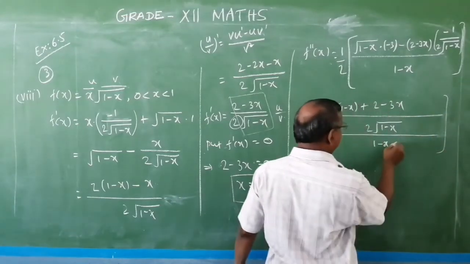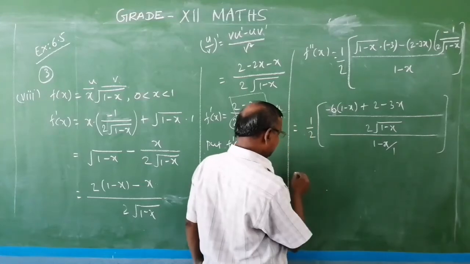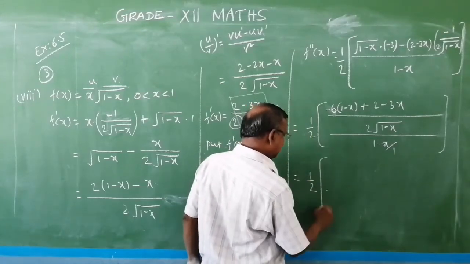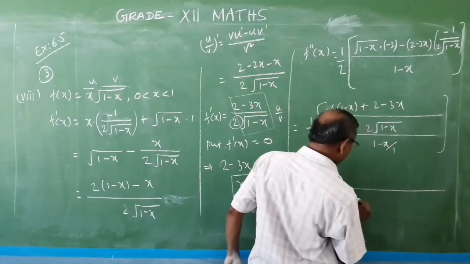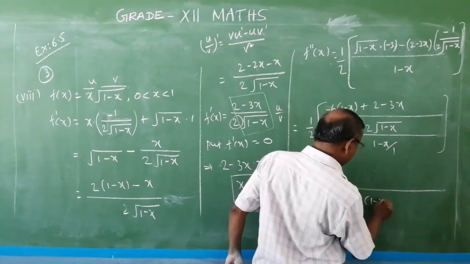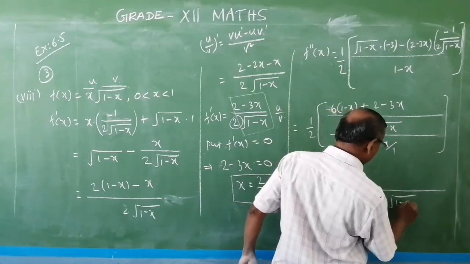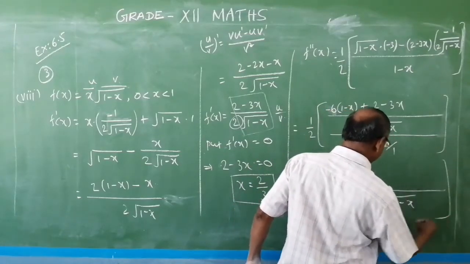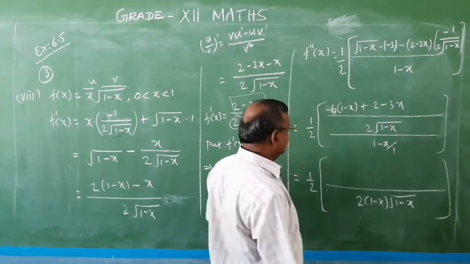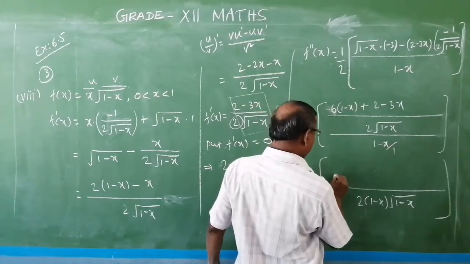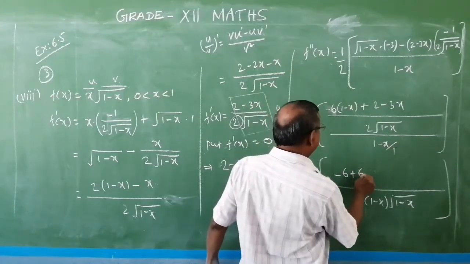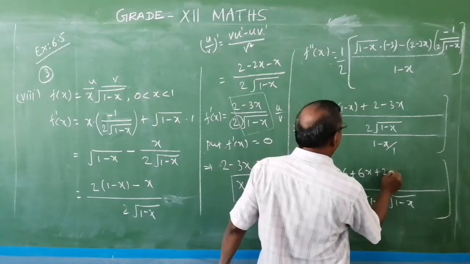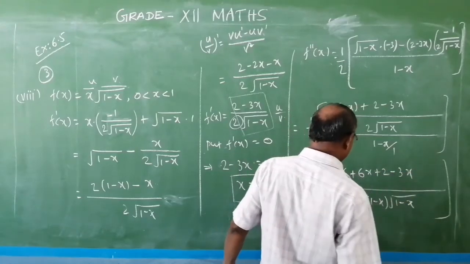So the numerator itself is a fraction, so make the denominator a fraction, that is 1 by 2 into again 2 into 1 minus x into root of 1 minus x. Now the numerator is minus 6 plus 6x plus 2 minus 3x.